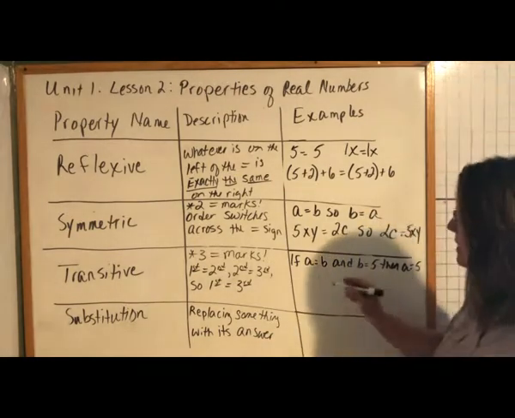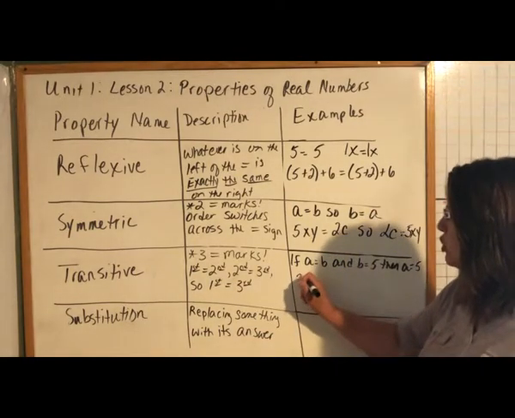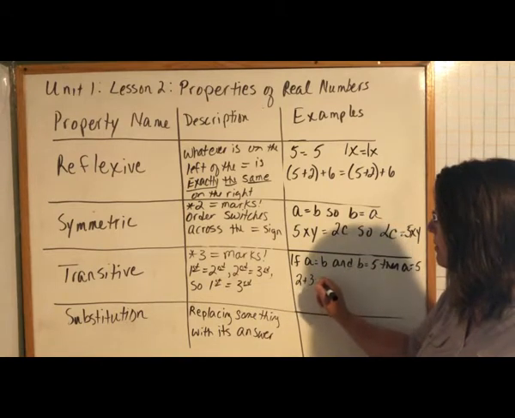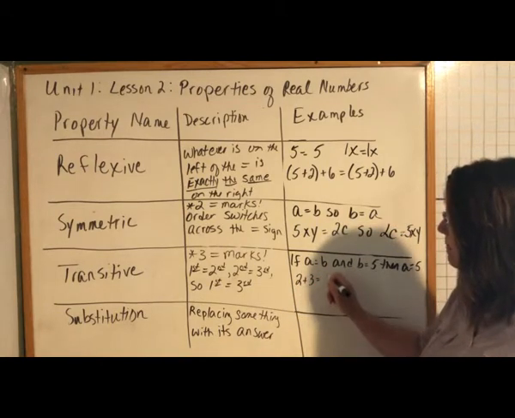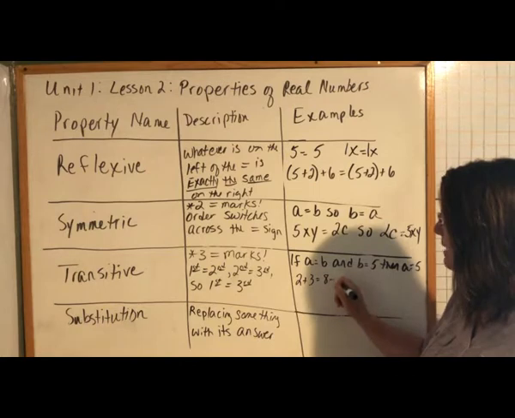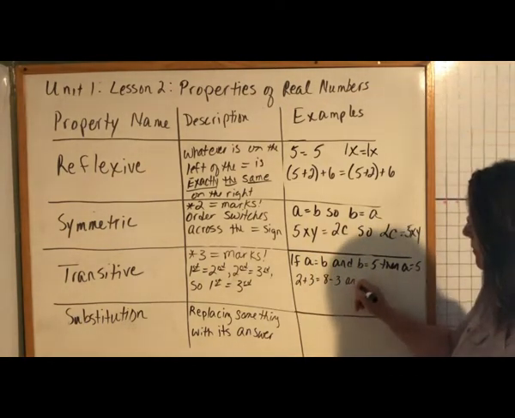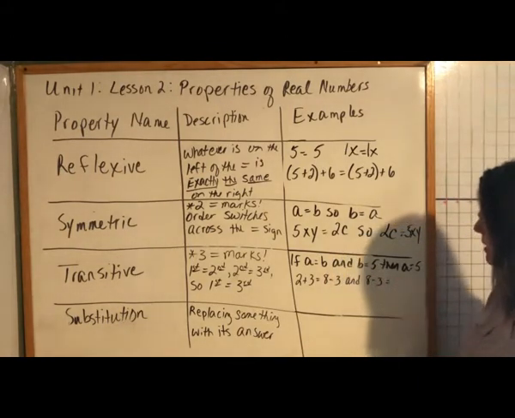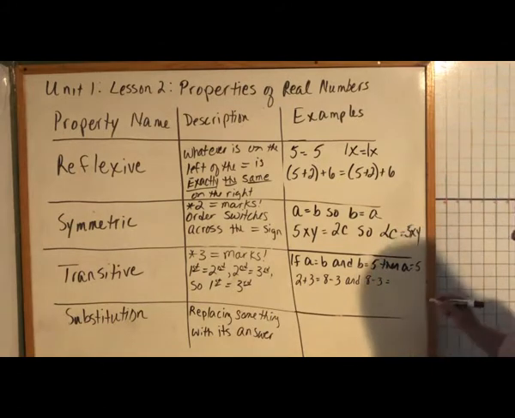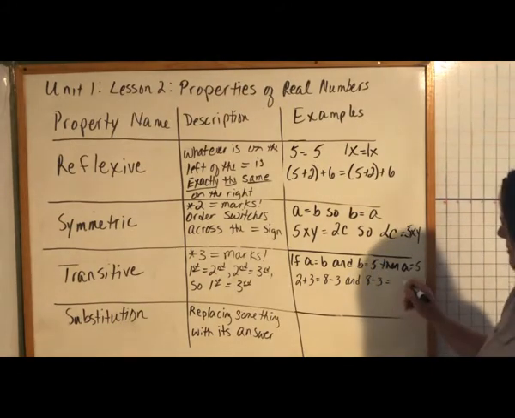They might say something like this. 2 plus 3 equals 8 minus 3, and 8 minus 3 equals x, okay?